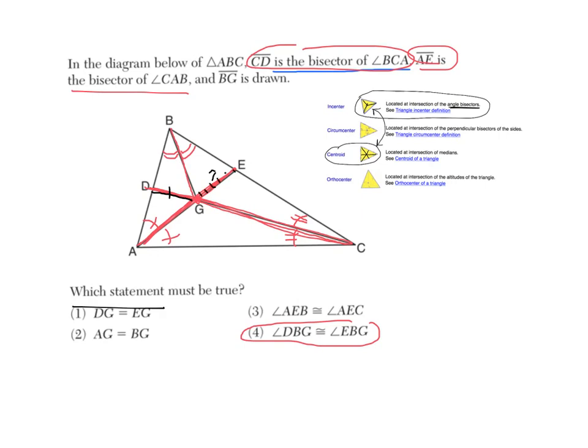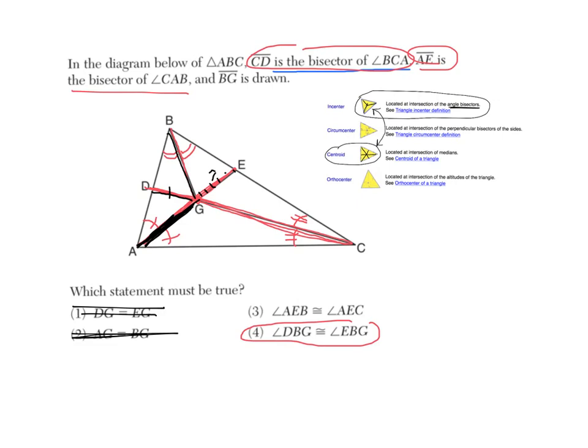So I would say that's not true, just based on looks alone. How about AG being the same as BG? Well, hey, the Bee Gees. It's a band, right? Okay, so AG, to me, looks much smaller than BG.